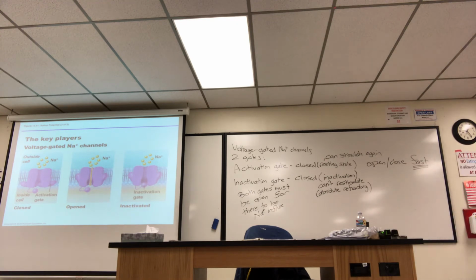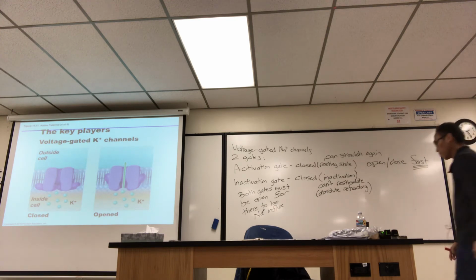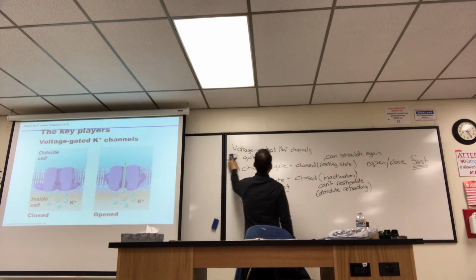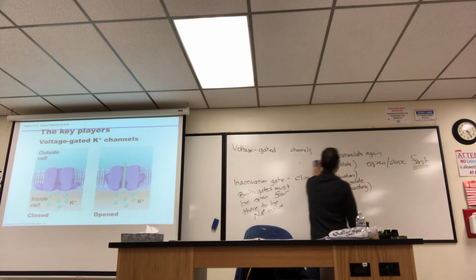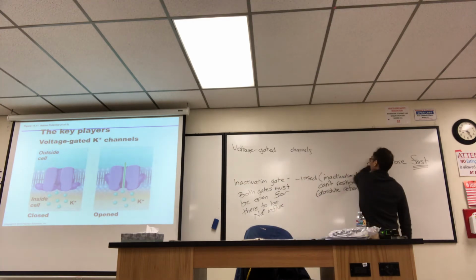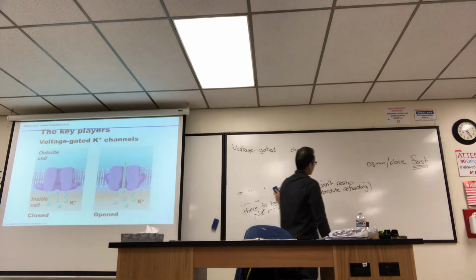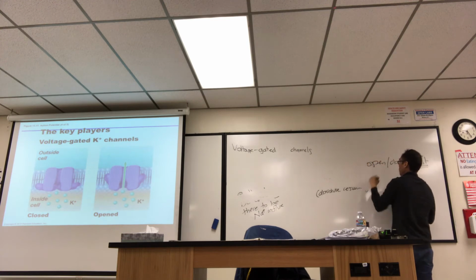Moving on, here's the other key player, the voltage gated potassium channel. What they do is they've got one gate. So they're easier to understand. I'm just going to change this to potassium. Open, close.